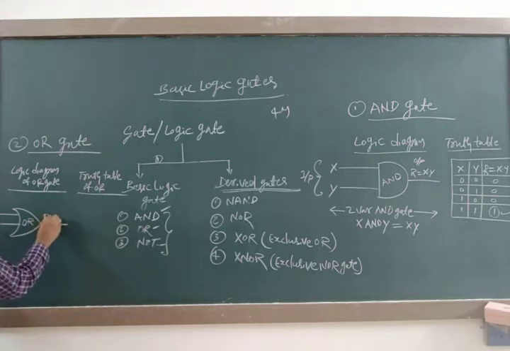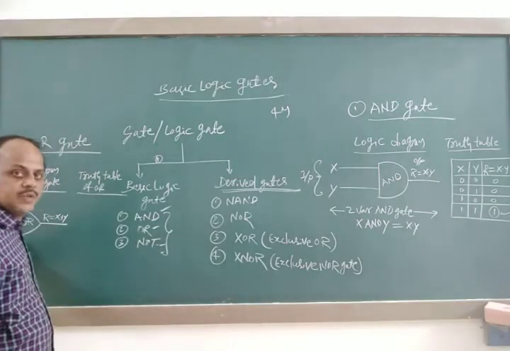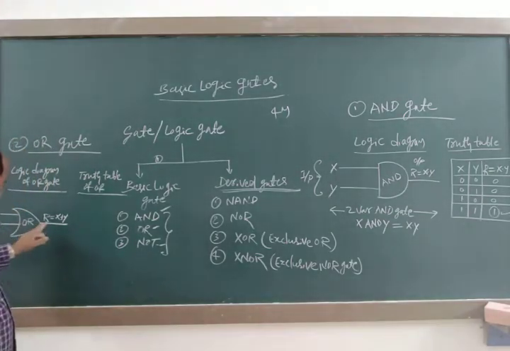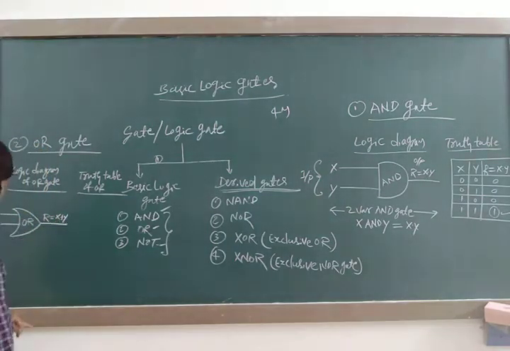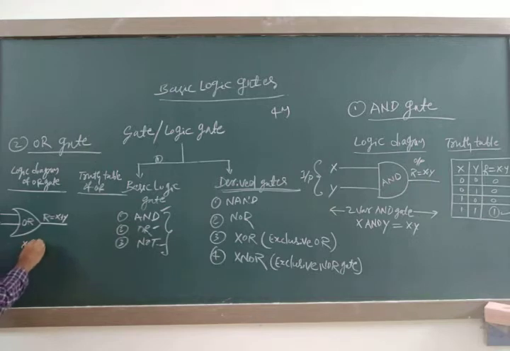Resultant expression is X plus Y. See here, these two are the inputs. In the input side, we take X and Y. Therefore, resultant expression is X plus Y. So this OR can be symbolized as X or Y is equal to X plus Y.